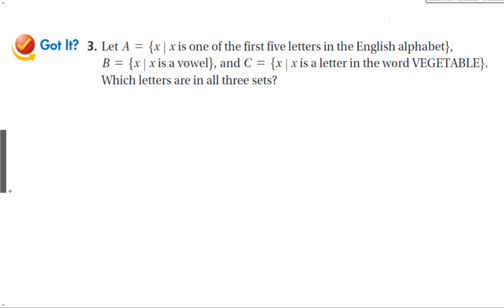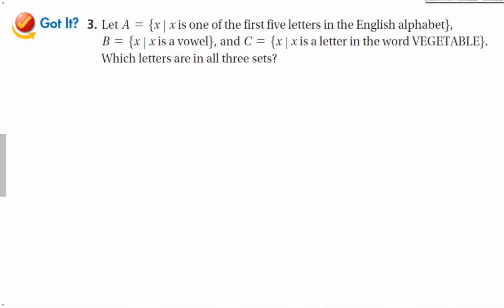Let's look at a got-it problem. So, set A is the first 5 letters of the English alphabet. So A is going to be A, B, C, D, or E. B is a vowel.